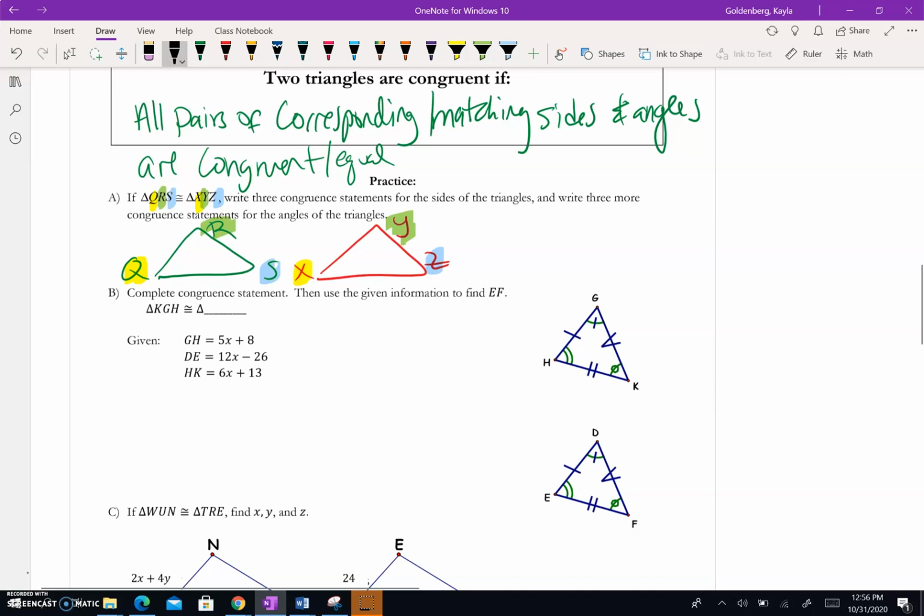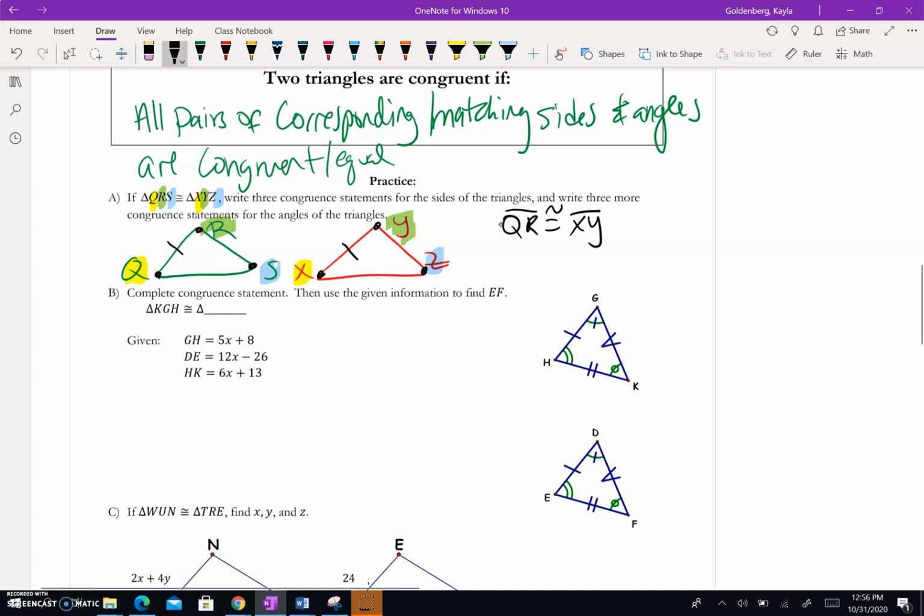So if it's the bottom left vertex, right, remember the vertices are these points, they have to match. So if I think about my congruent statements, I know that these two match. So I could say segment QR is congruent to segment XY.